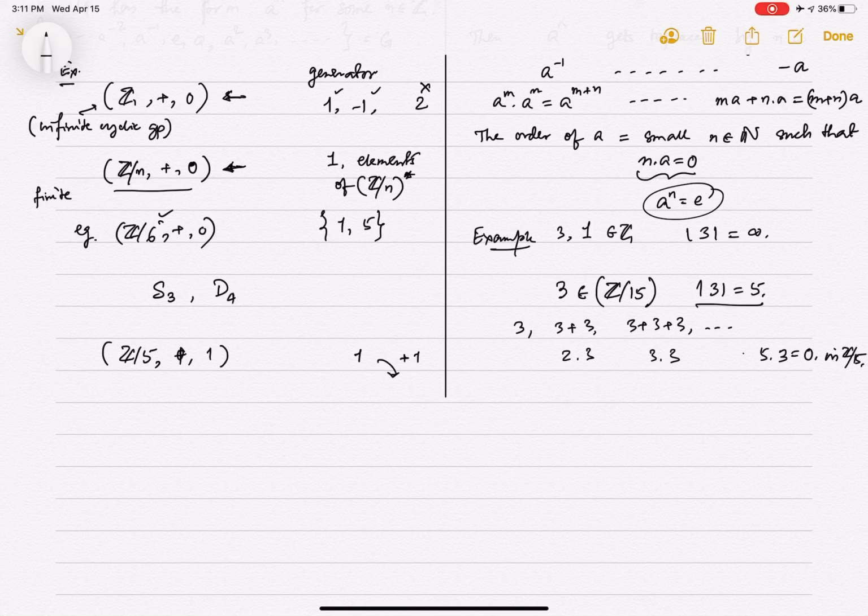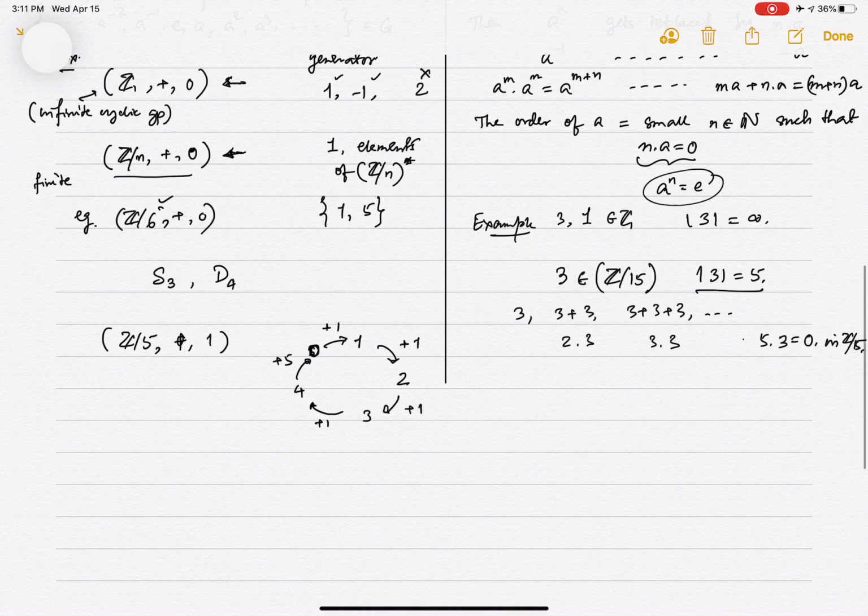So if you keep doing plus 1, you get 1 to 2 to 3 to 4 to 5, which is already 0, and then back to 1. So that explains the name finite cyclic group. In Z, it doesn't really cycle back, it just goes on forever, but we still call it a cyclic group.